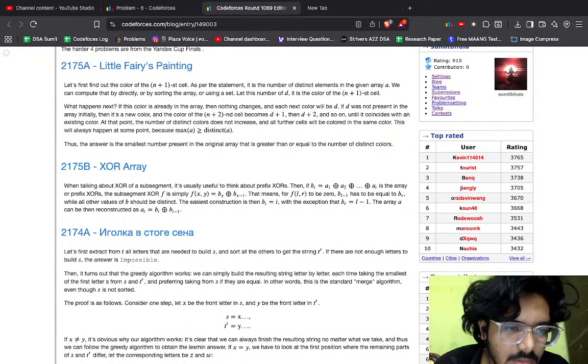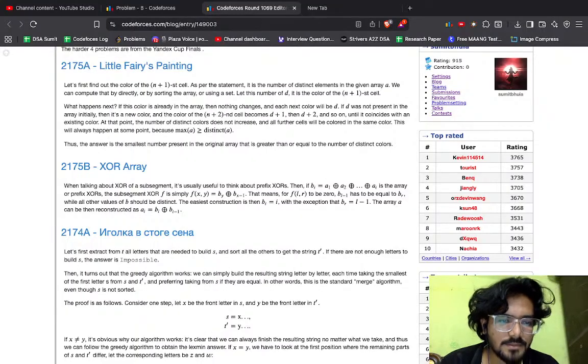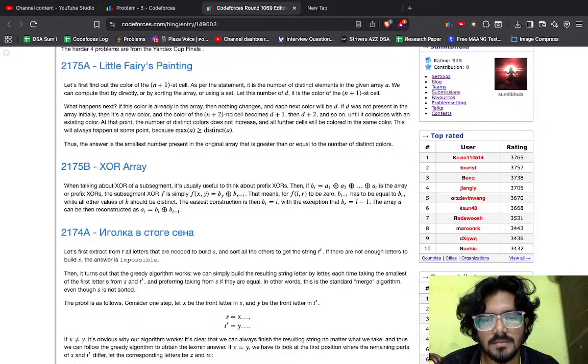When talking about XOR of a sub-segment, it's usually useful to think about prefix XORs. Okay.